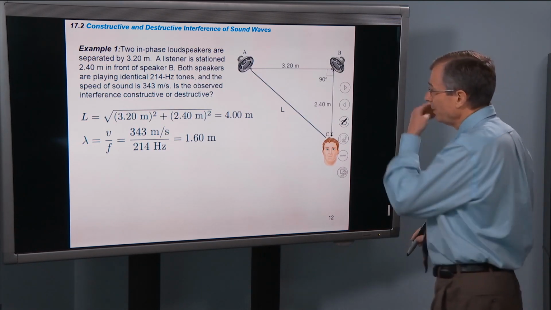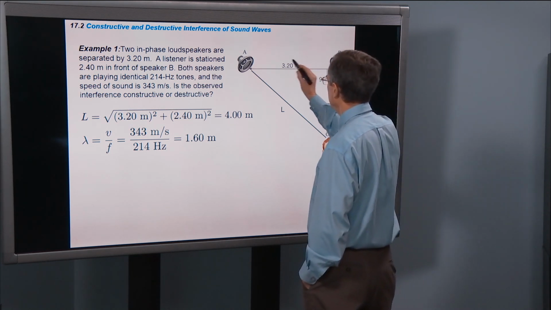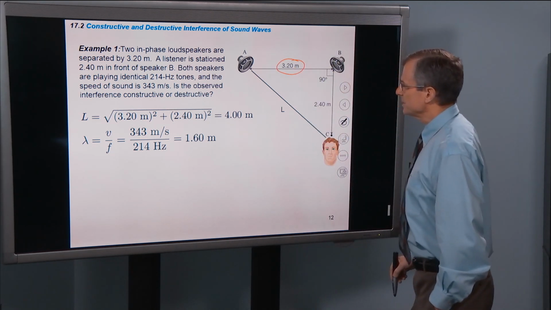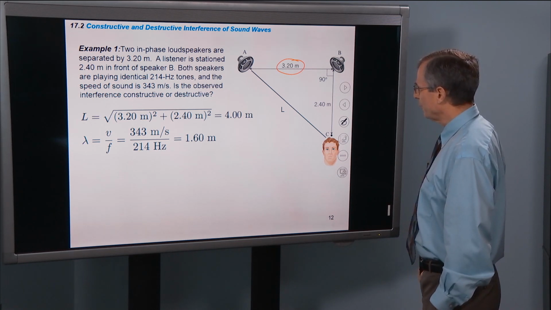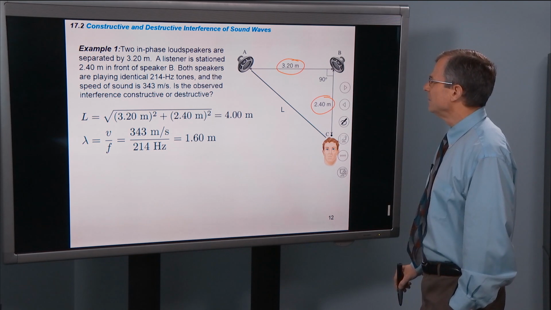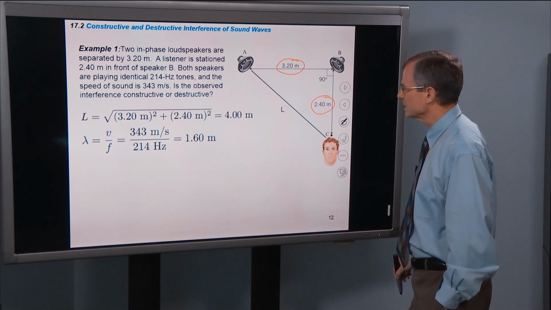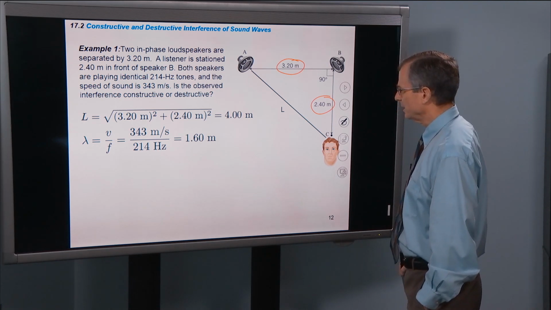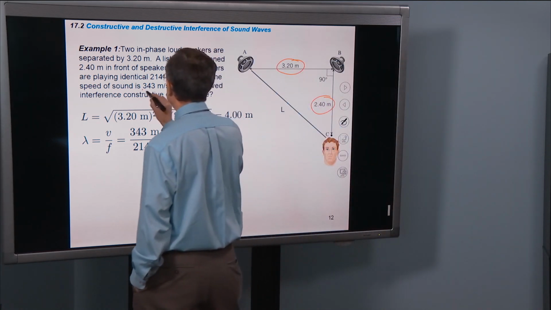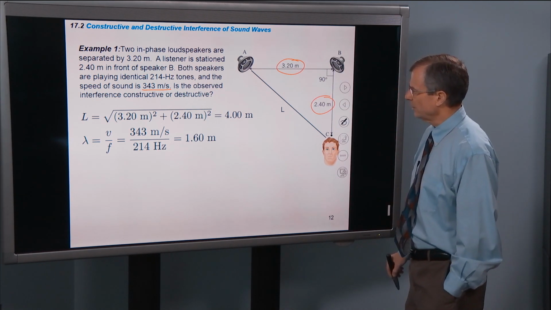Let's do an example. Two in-phase speakers are separated by 3.2 meters. A listener is stationed 2.4 meters in front of speaker B. Both speakers are playing identical 214 hertz tones, and the speed of sound is 343 meters per second. Is the observed interference constructive or destructive?